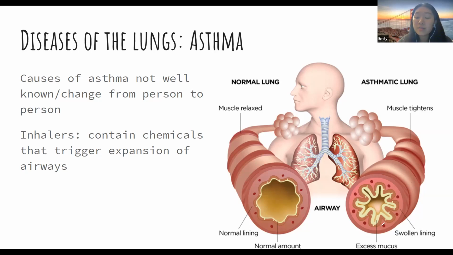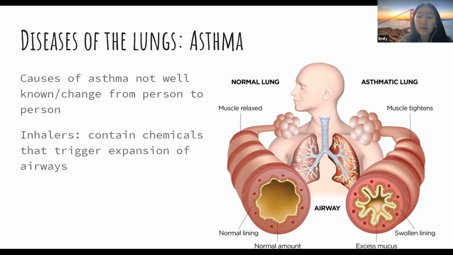And also there's going to be a lot of excess mucus, which is this sticky substance that traps a bunch of particles and dirt that's not actually supposed to be in your airways. And the net result of this is that the airways become really small, really thin. So it's a lot harder to breathe.